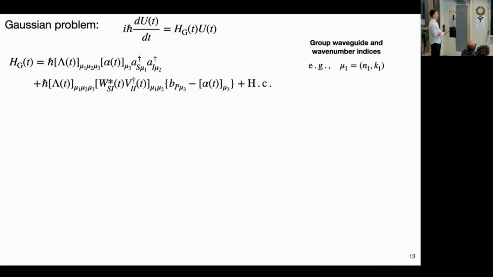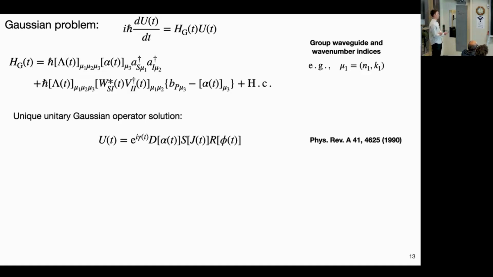It has two main pieces. The first piece involves the production of signal and idler photon pairs, and that's being driven by the time-dependent coherent state for the pump. The second piece describes the rate at which the pump photons are being depleted by the production of signal and idler. And these W and V matrices are related to the second moments of the Gaussian state.